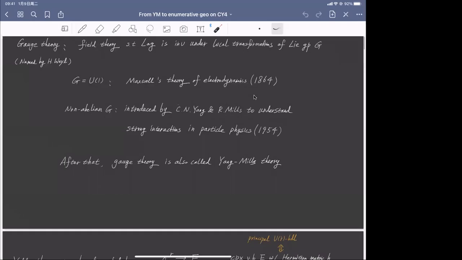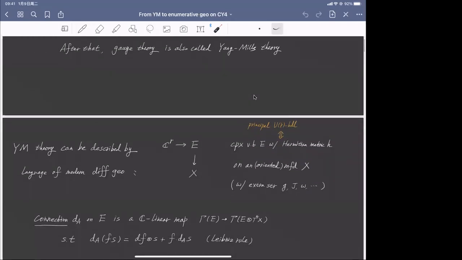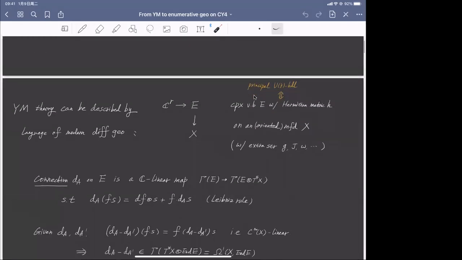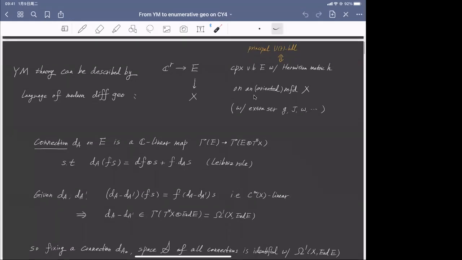Yang-Mills theory actually can be described by the language of modern differential geometry in a very compact way. So we start with a manifold X, a smooth manifold, possibly with some extra structures like g, a Riemannian metric, J, a complex structure, and omega, some symplectic structure.